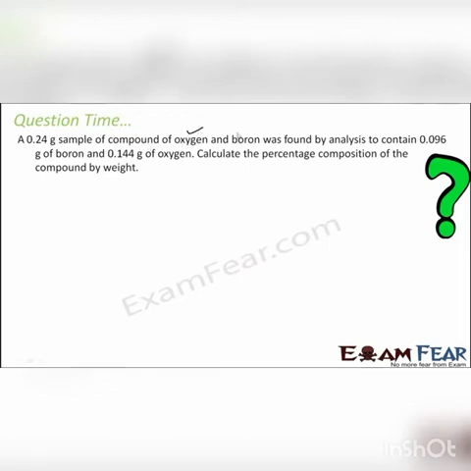A 0.24 gram sample of oxygen and boron was found by analysis to contain 0.096 gram of boron and 0.144 gram of oxygen. Find the percentage composition by weight. So I have a sample which has oxygen and boron.